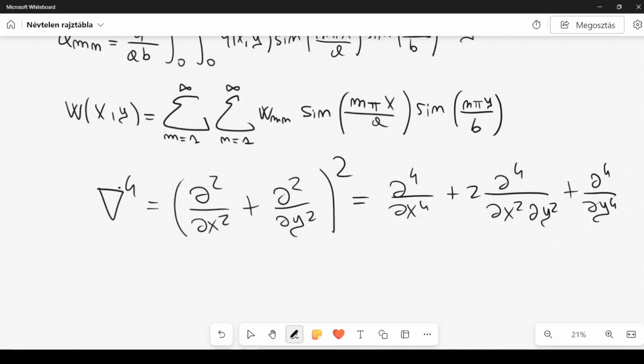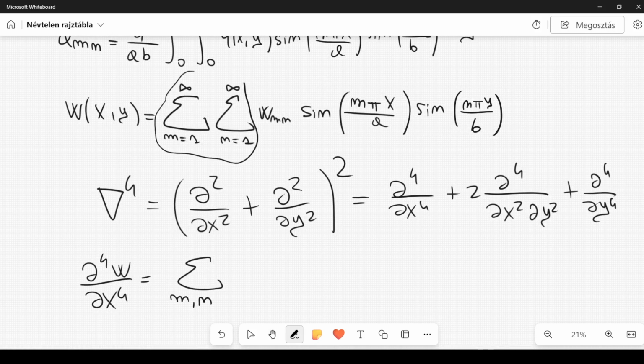Now, it is quite straightforward to calculate d4w dx4 because we have sinusoidal functions. So it's quite easy to see that we have the summation over m and over n. I am representing these two summations with just one symbol for the sake of simplicity.